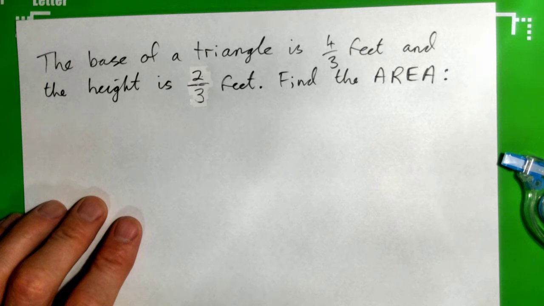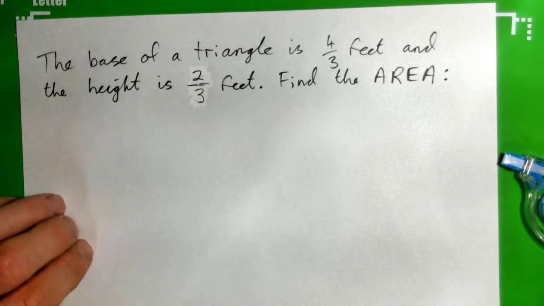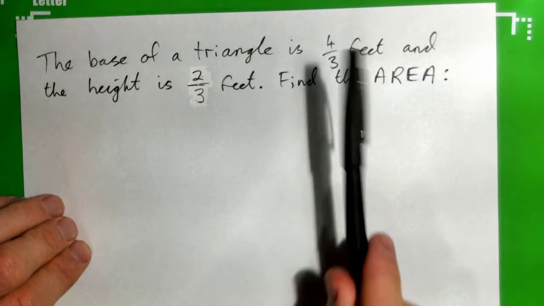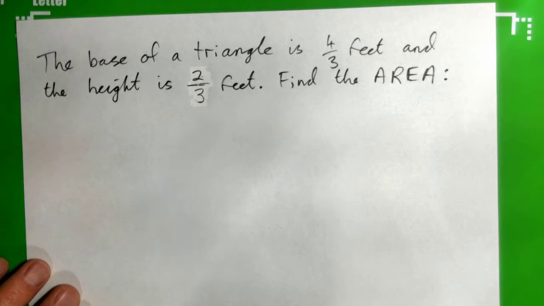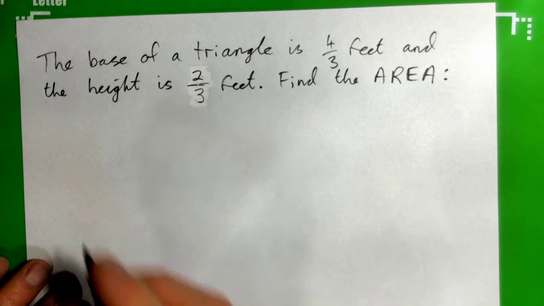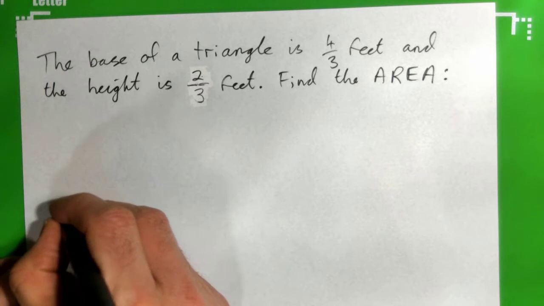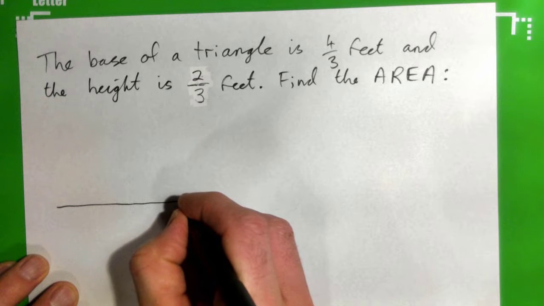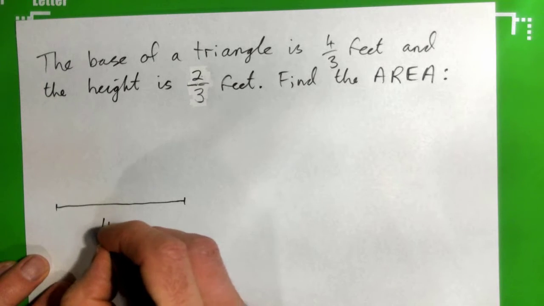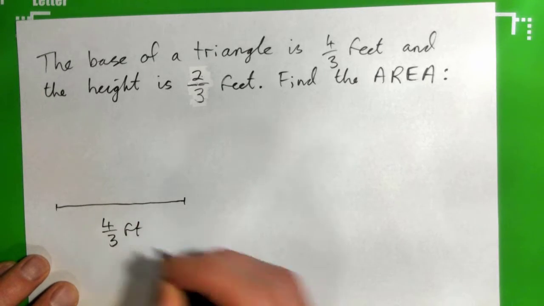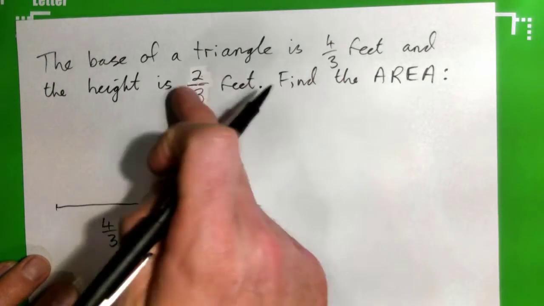Alright, so here we have to find the area of a triangle. The base is 4/3 feet and the height is 2/3 feet. Just for fun, I'm going to draw it roughly. The base is 4/3 feet, the height 2/3 feet, which is kind of half as much, right?